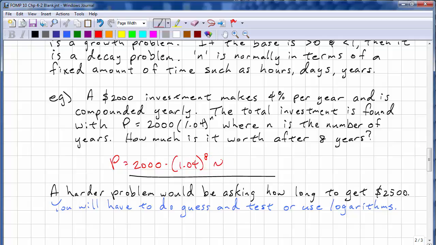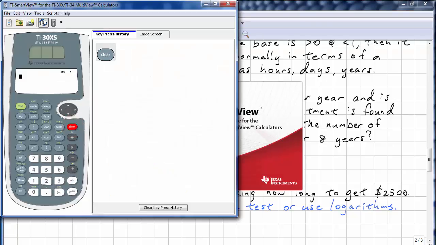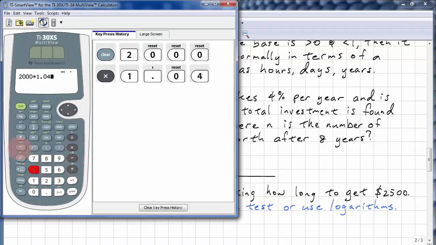We plug this into the calculator. So let's look at the TI first. And we have 2,000 times 1.04 raised to the power of 8. So our answer is 2,037.14.